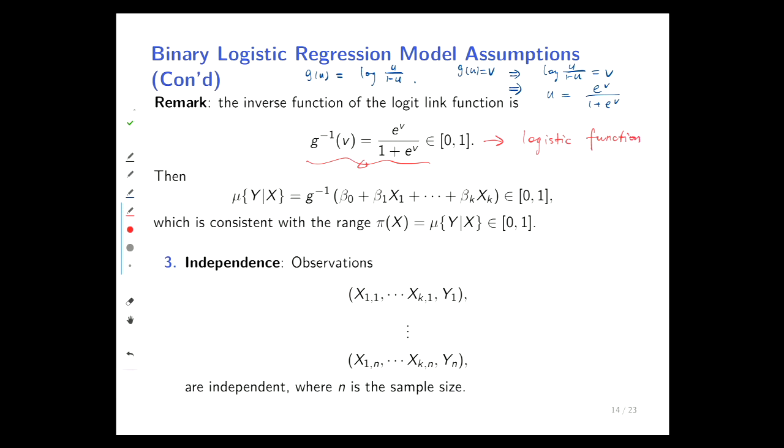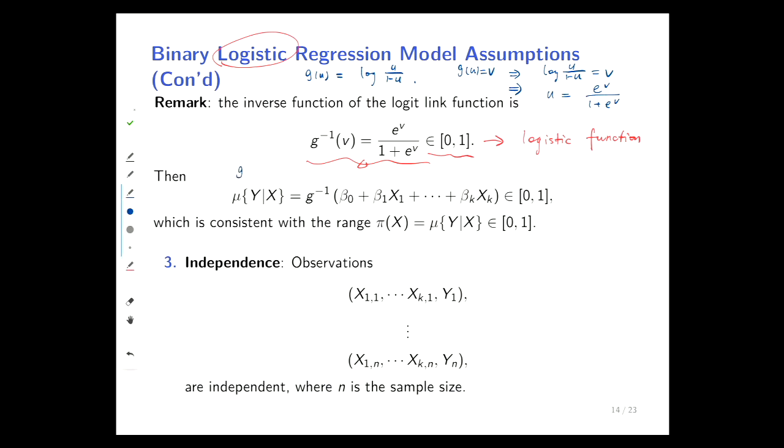So that's the reason why it is called binary logistic regression, because the inverse of the link function actually has a name, which is called the logistic function. For the property of this logistic function, it is within 0 and 1. So that's the reason why we use this link function, because the inverse of the link function is actually within 0 and 1.